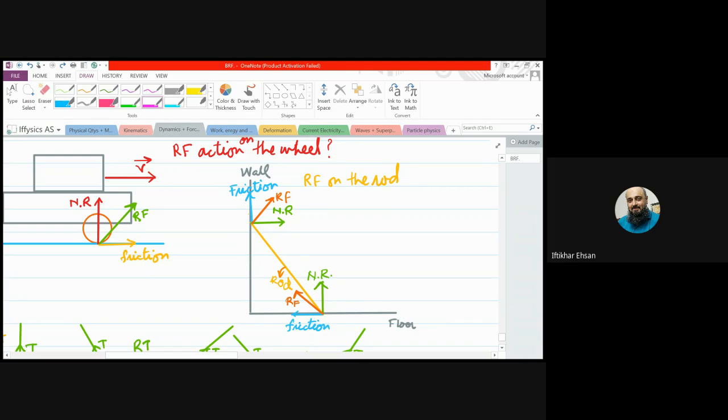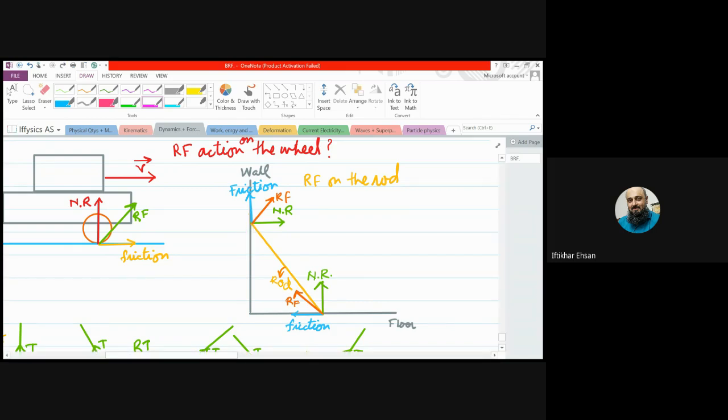So at this end, we have two forces, one and two, and the resultant force is usually somewhere between these two forces. Let's say it is in this direction. So the resultant force on the lower end will be this. Similarly, if the rod slips, the upper end will go towards the bottom and friction will be in the opposite direction.